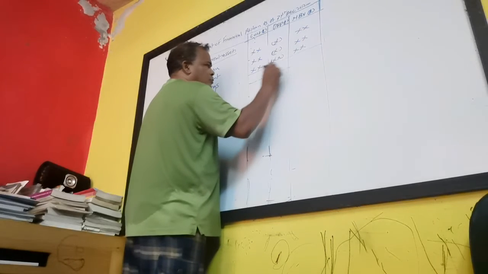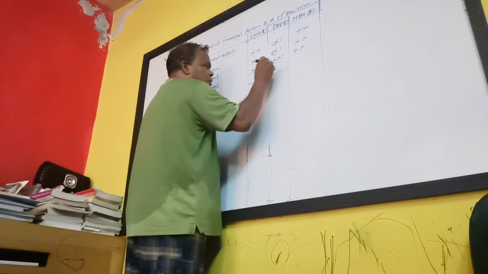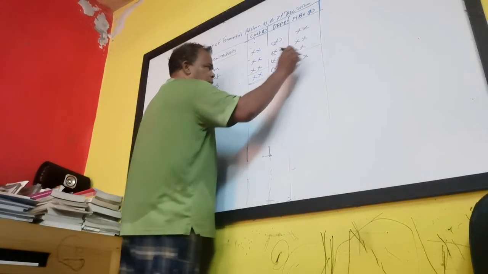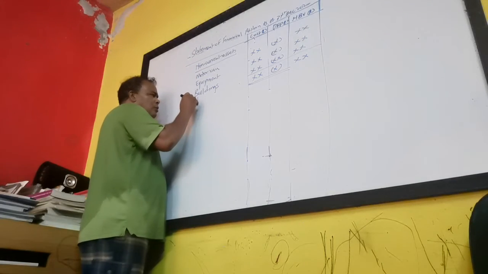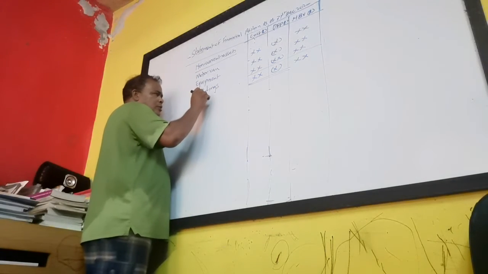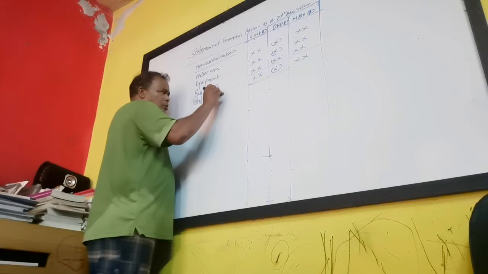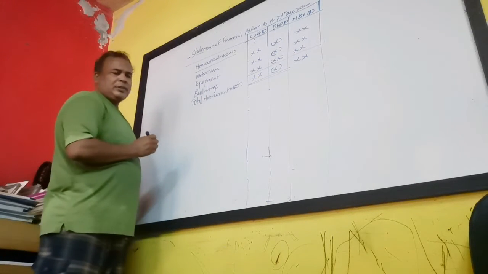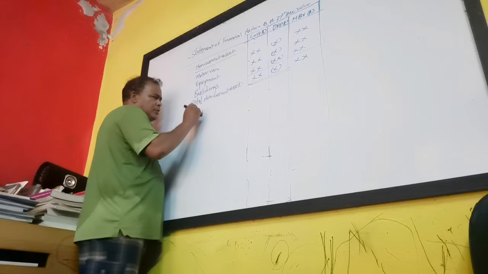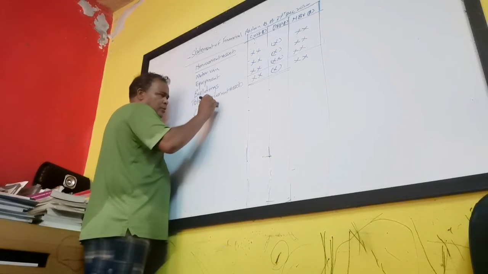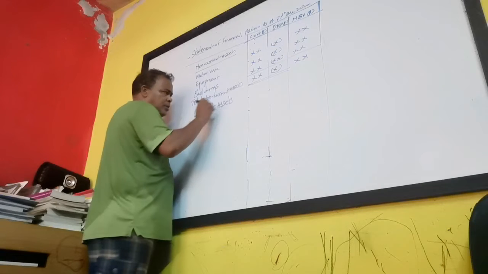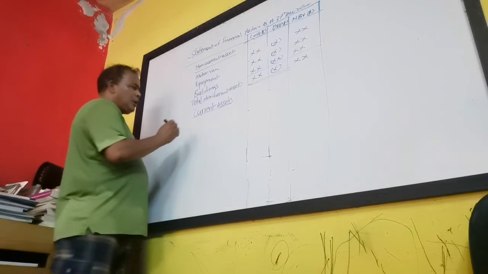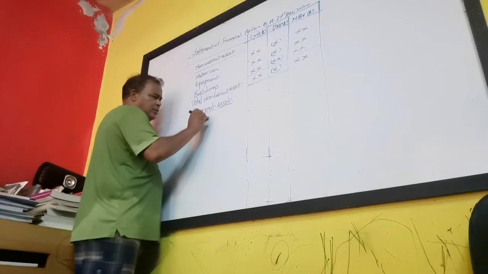And then we have to close the first two columns. This will give us total non-current assets. And then we have to write down current assets. So we'll have closing inventory.